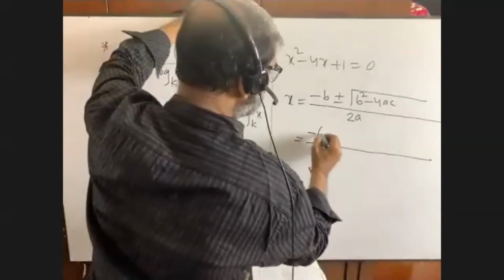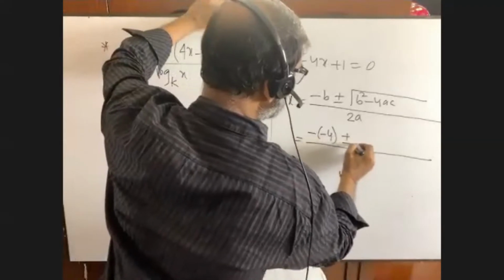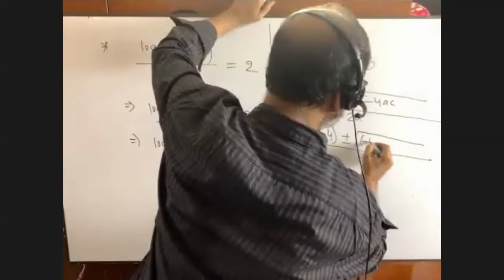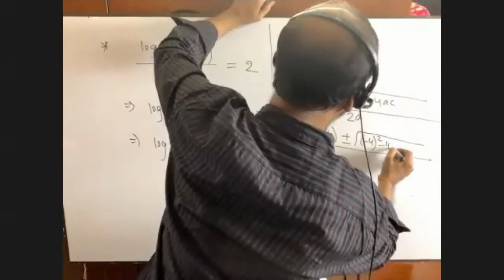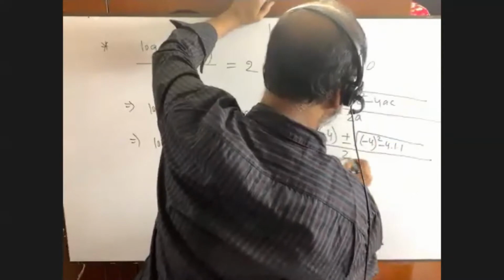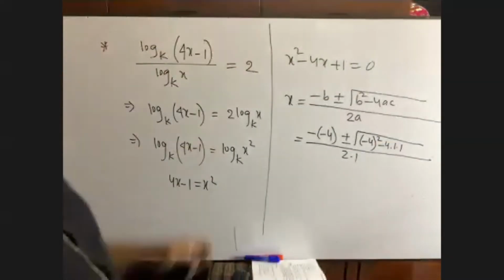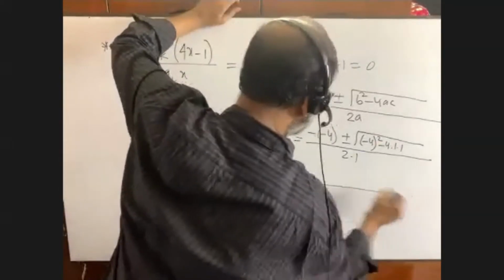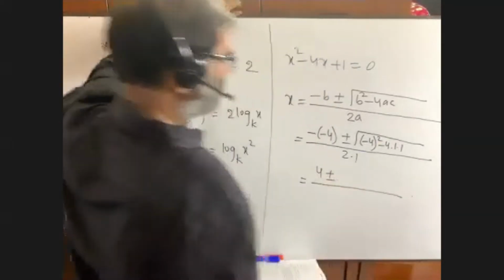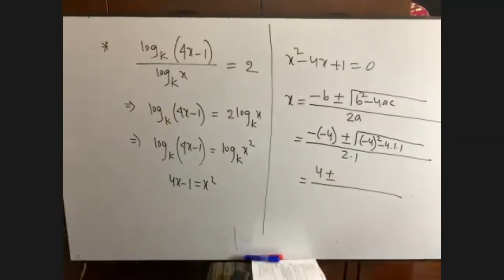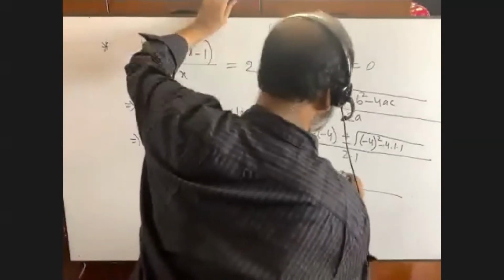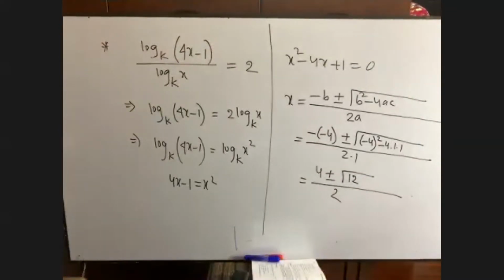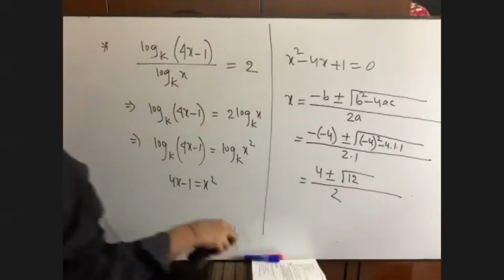So we are getting minus 4 plus minus root over b square, minus 4 into 1 by 2 into 1. That is, we are getting 4 plus minus, it is 16 minus 4, 12. So root over 12 by 2. So 2 plus minus root 3.